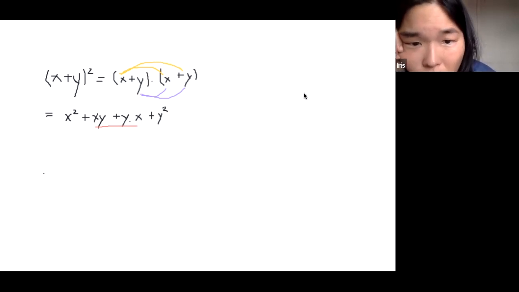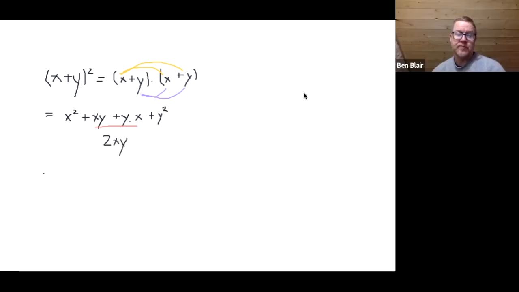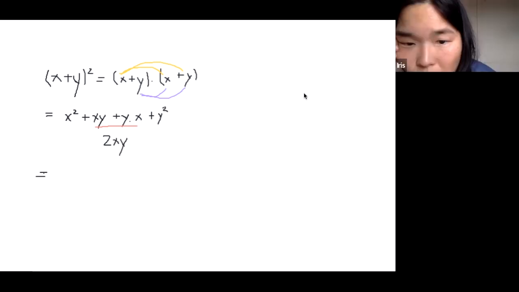So these two give me 2xy, and I end up with x squared plus 2xy plus y squared, which is what we had on the slide.